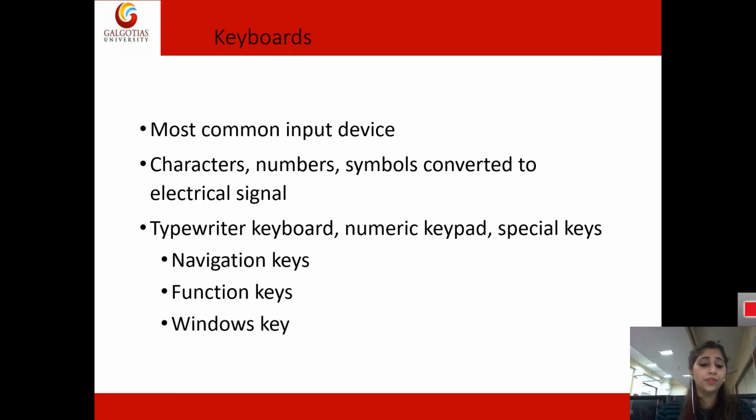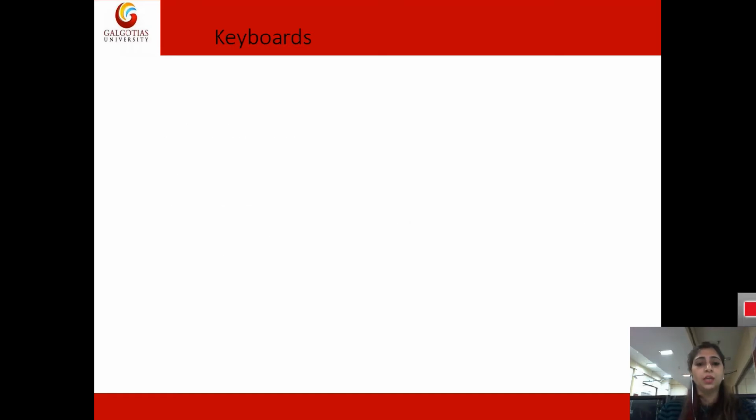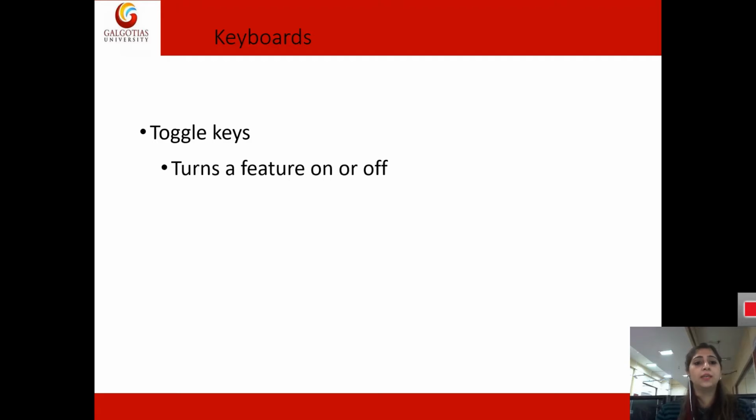Then we have the Windows key, through which we can directly enter the Windows. And we have toggle keys that are used to turn features on and off. The caps lock key is used for typing capital alphabets in place of small alphabets.